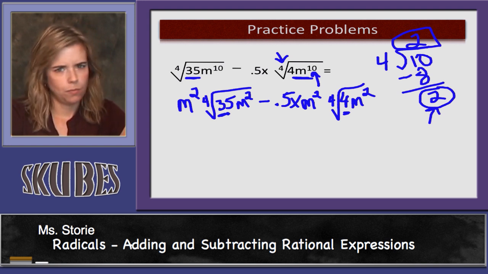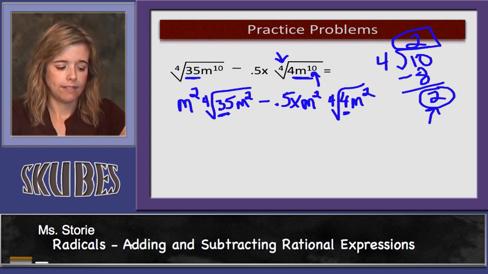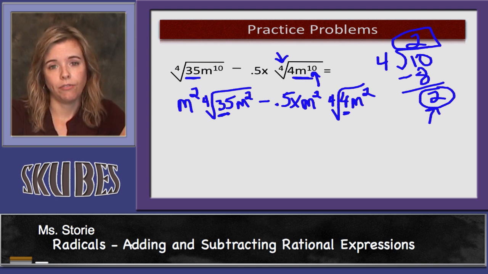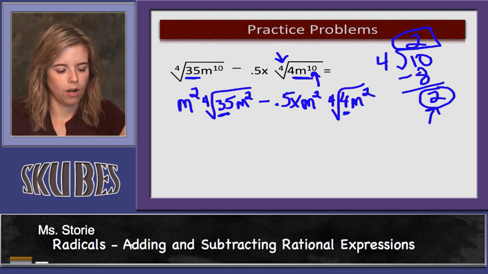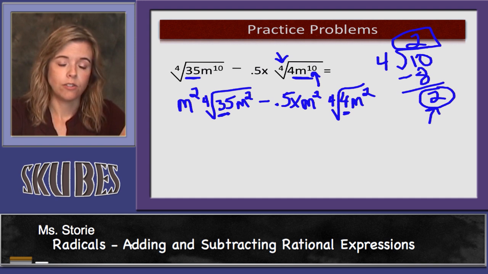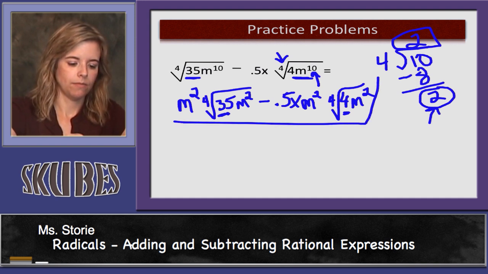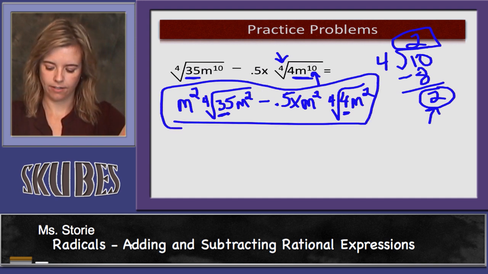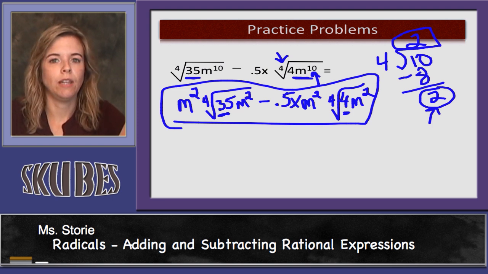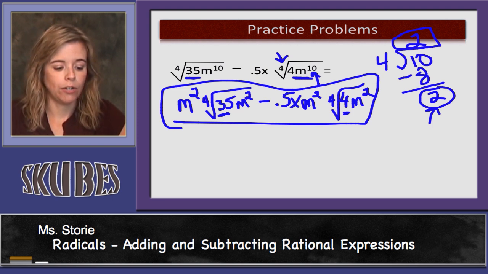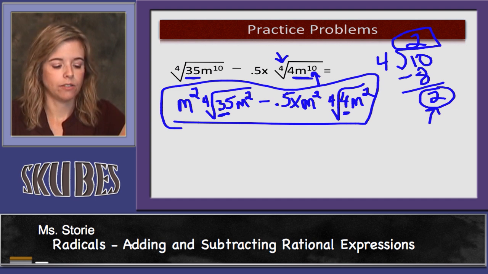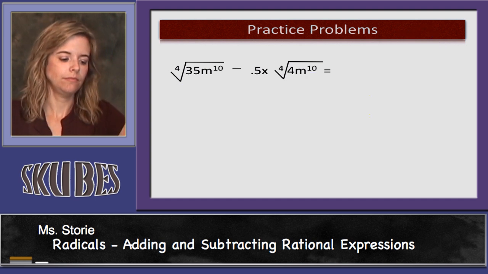That means we have a pair of 2's, but we don't have 4 of them. And 7 times 5 is 35. Those are the only factors, and there's definitely not a group of 4. That's as far as we can go. These are not like terms, which means your final answer is this. Remember, they have to be like terms underneath the radical in order for you to combine them, and they're not, so we can't do anything with that.